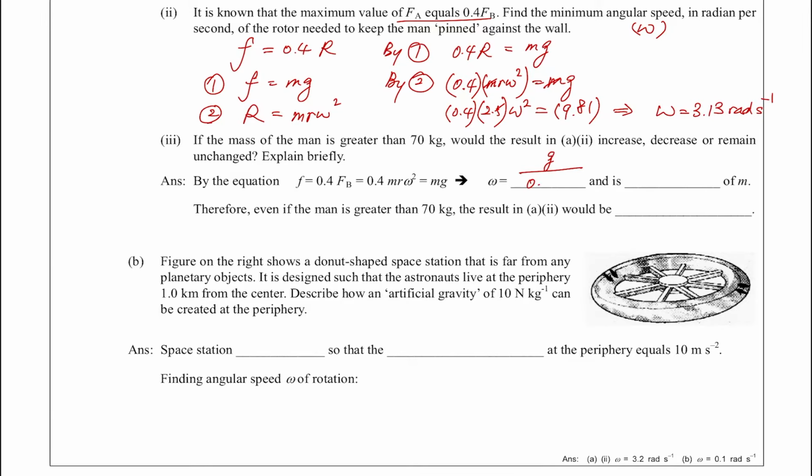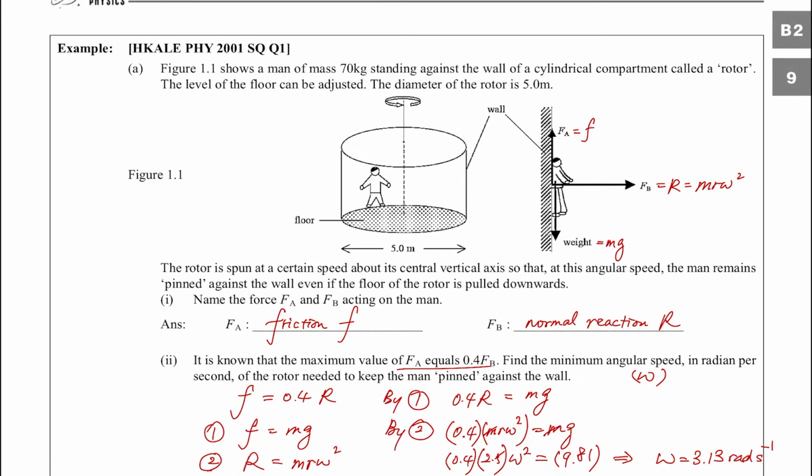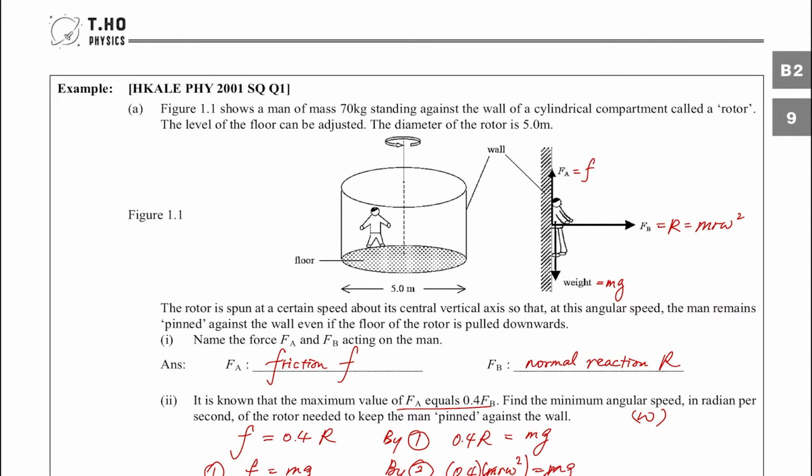If you make omega as the subject, omega would be equals to G over 0.4 divided by R. And so there is no mass in this equation. So omega is independent of the mass m. So even if the man is greater than 70 kg, the result would be the same.